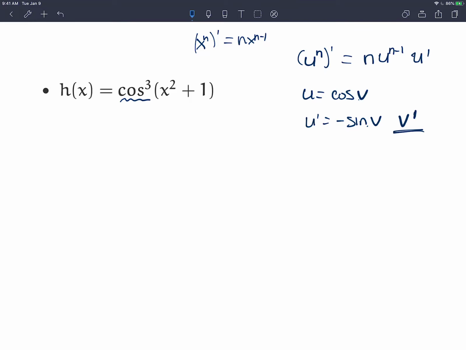So okay, let's go for it. The derivative of h of x would be, the 3 comes down, cosine squared of x squared plus 1. This is this part. Right, I'm picking the n comes down, the power to the n minus 1. So I still need to multiply by the derivative of u, and my u is the function cosine. So I need to find the derivative of cosine and put it here.